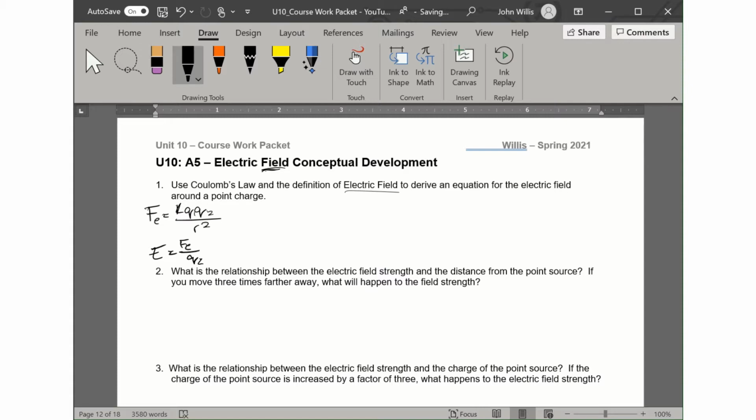Again, this is a subscript. I'm not squaring that charge. One of the things we can do, very similar to what we did last semester in our gravity unit, back in October, was use Newton's second law. We used it as our introduction to forces, talking about how forces cause accelerations.